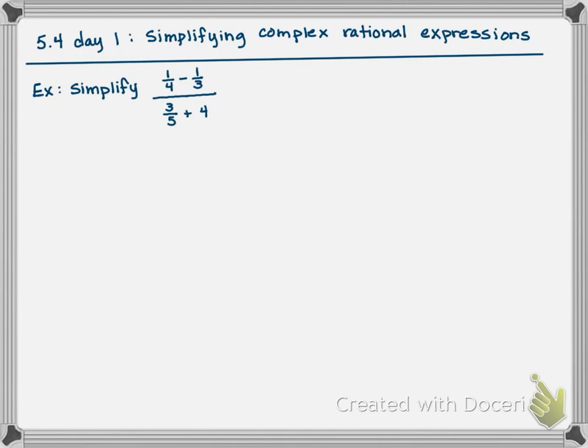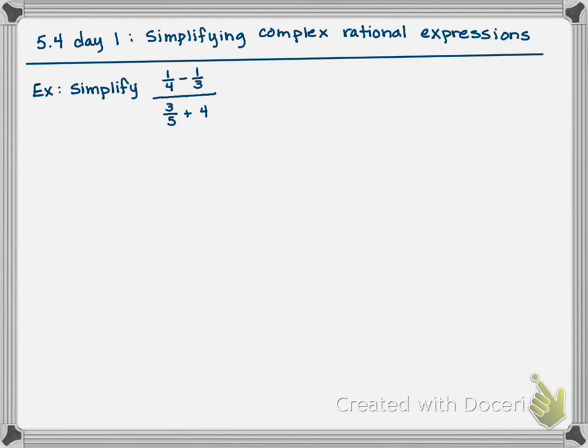There's no intuitive way of telling what the value of this is. So in general, we never want complex rational expressions as a final answer because they're just not practical to use for anything. So you will always simplify them if you ever have one in a problem or as an answer, so that you have a single numerator and a single denominator.